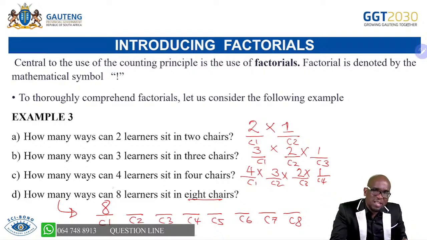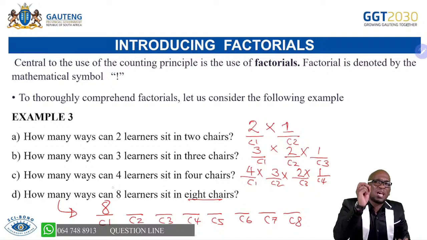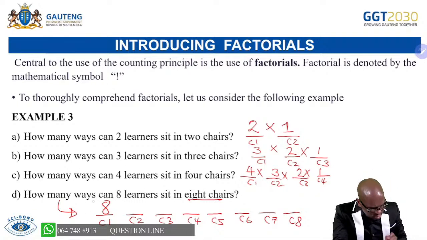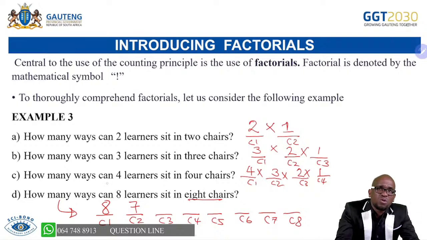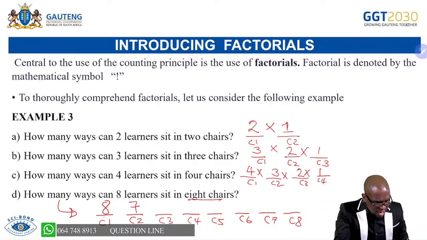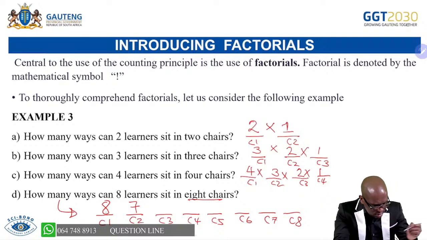Remember, in chair 1 only one learner can sit, but we have 8 options of occupying that chair because any of those learners has equal chances. Now that one learner is on chair 1, for chair 2 there will be 7, because one less learner should now be considered, since that learner is sitting on chair 1.